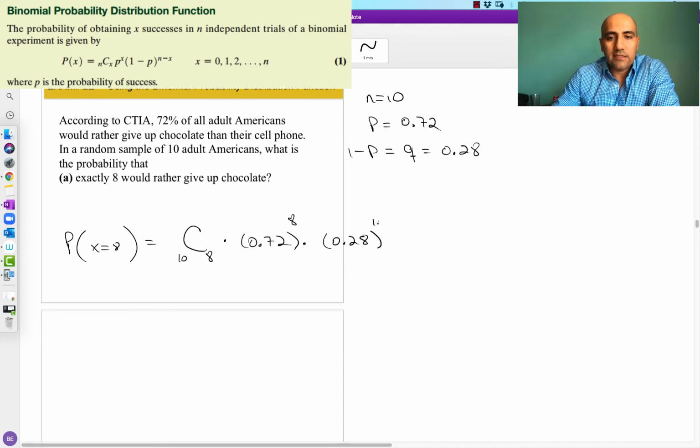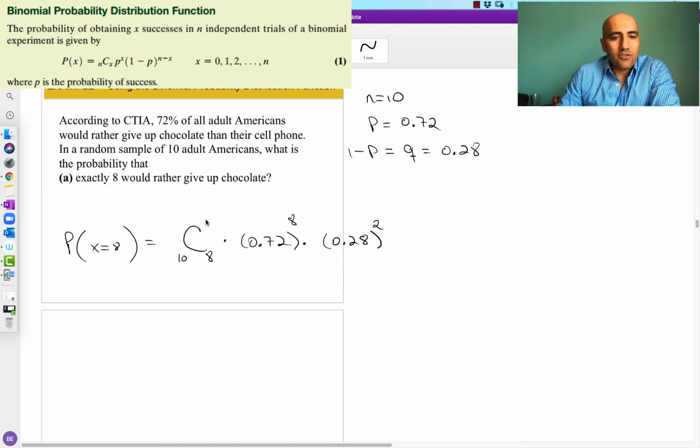In this case it's 10 minus 8, which we know is equal to 2, because they have to add up to 10. So I'm just going to erase the 10 minus 8 and write it as a 2. It just looks neater.